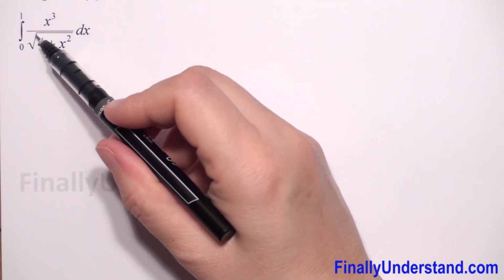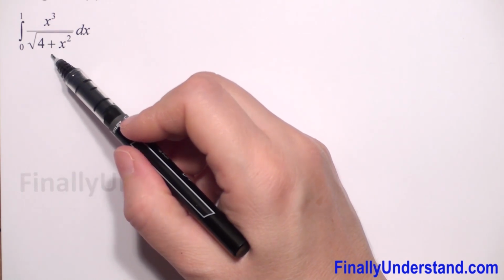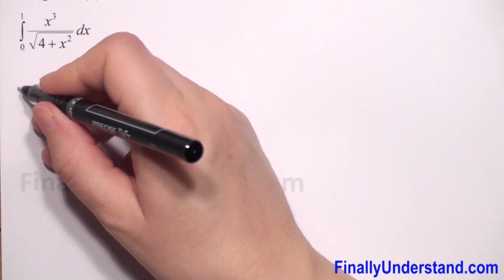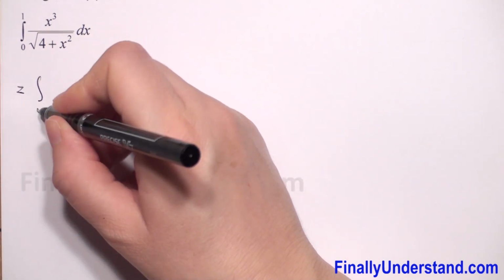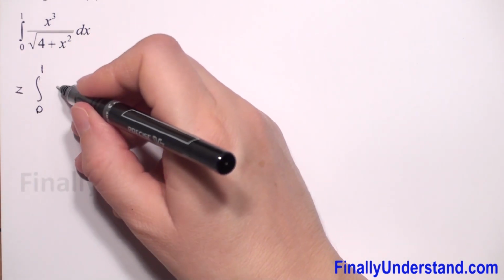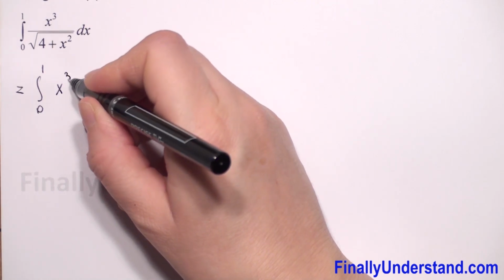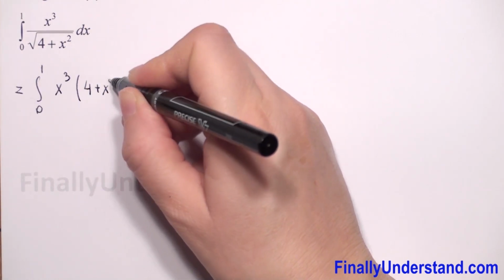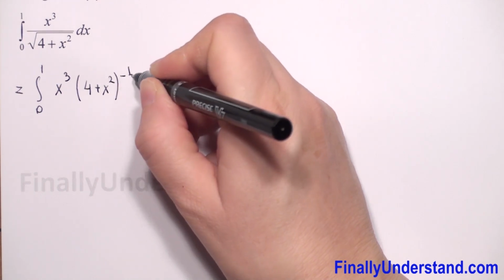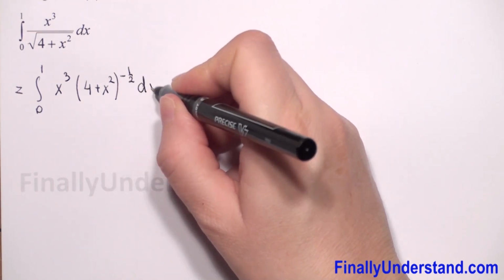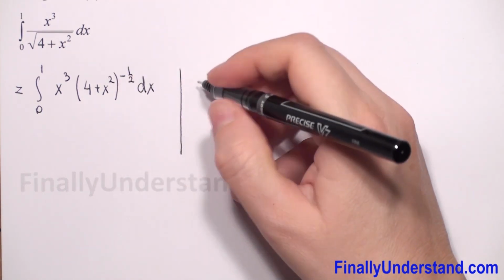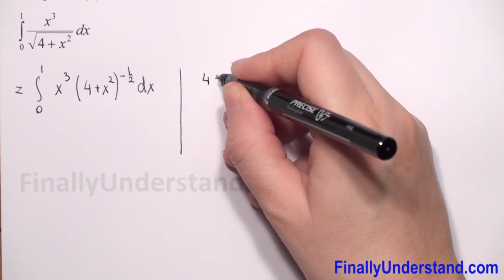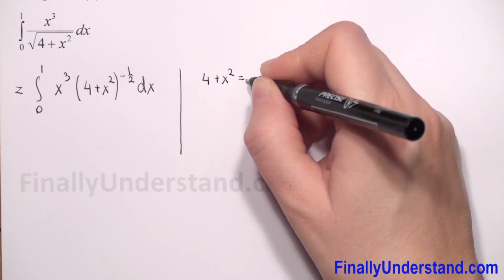First let me change the square root to a power. So this is equal, we have the definite integral from 0 to 1 and we will have x cubed times 4 plus x squared to the power negative 1/2 dx. Now we will put that 4 plus x squared is equal to u.